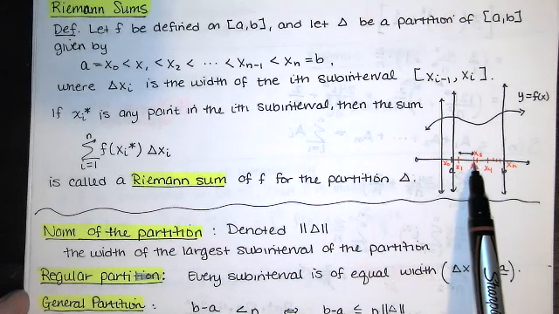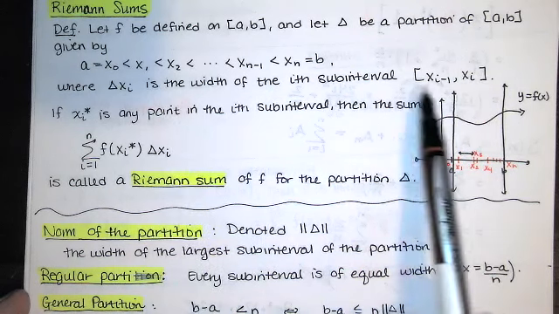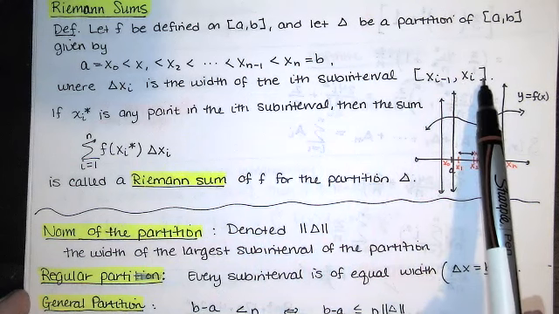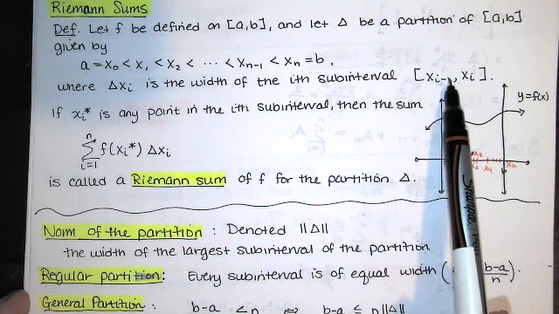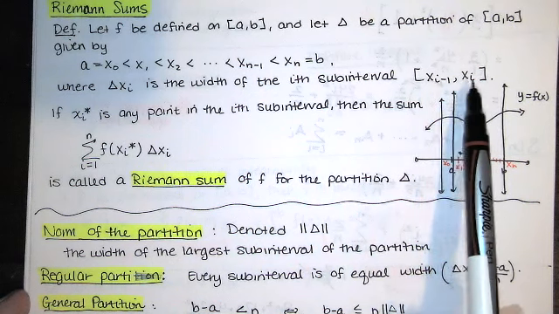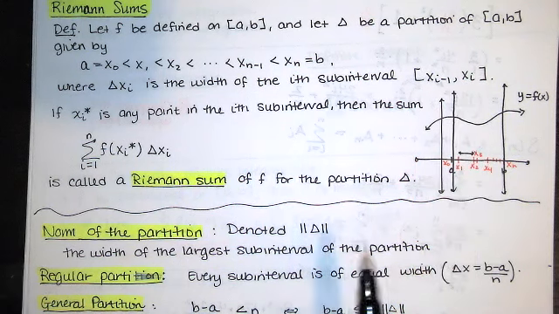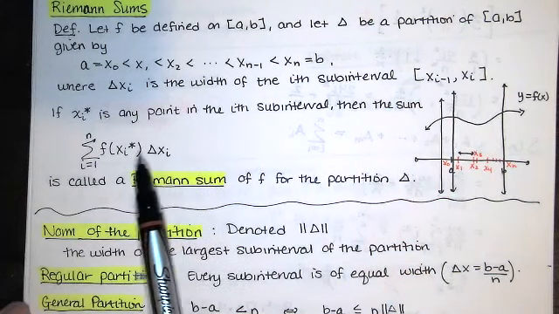So the third one goes from x sub 2 to x sub 3. That's why it says the ith subinterval ends at x sub i. So if it's the third, that's going to end at x sub 3. And then this is just the x value before that. So if this is x sub 3, that would be x sub 2. If that's x sub 5, that's x sub 4, and so on. So that's the width of the ith subinterval.